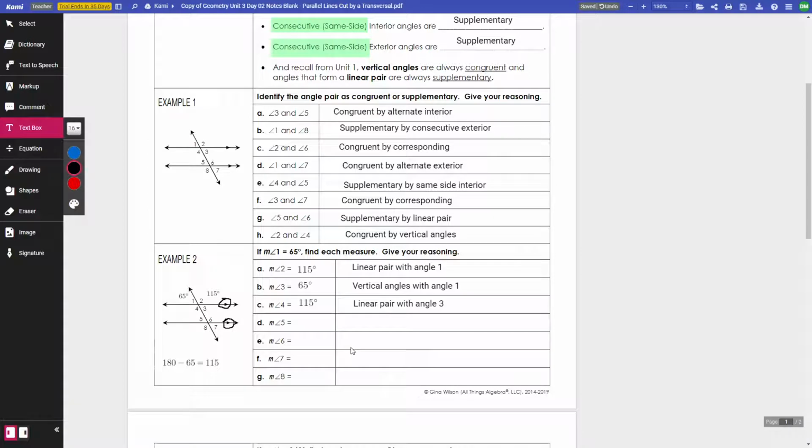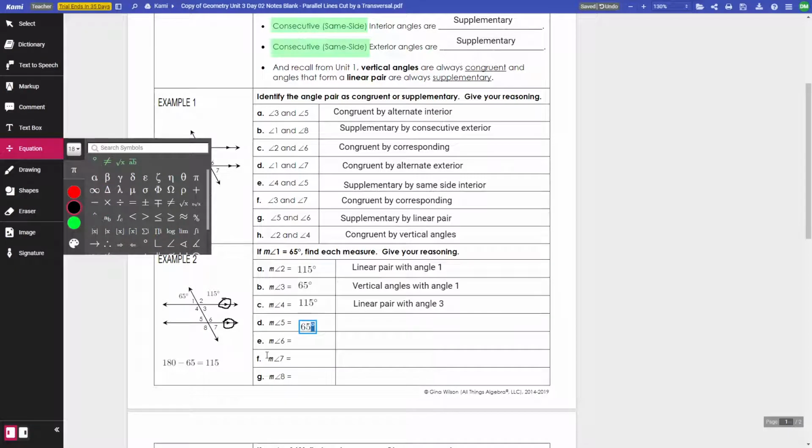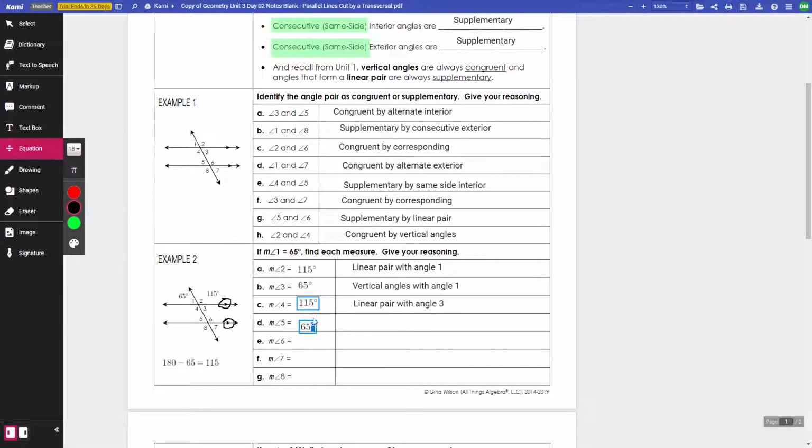Okay, let's look at angle 5, and I will have you do this. Is angle 5 65 or 115 degrees? Okay, angle 5, just by looking at it, even if we didn't know, is pretty obviously 65 degrees. So we'll put that in there, and then go ahead and type in the box a reason why.